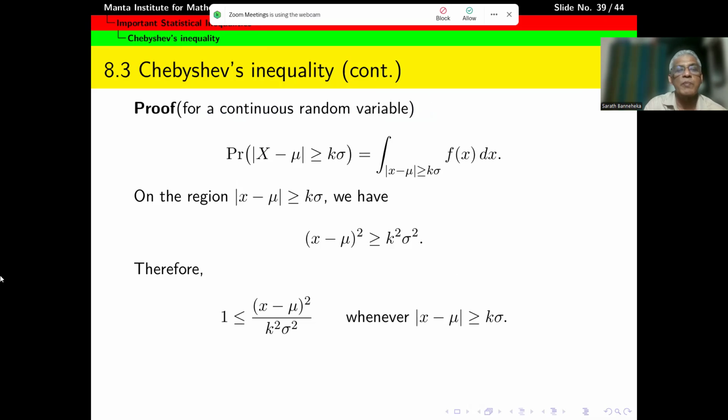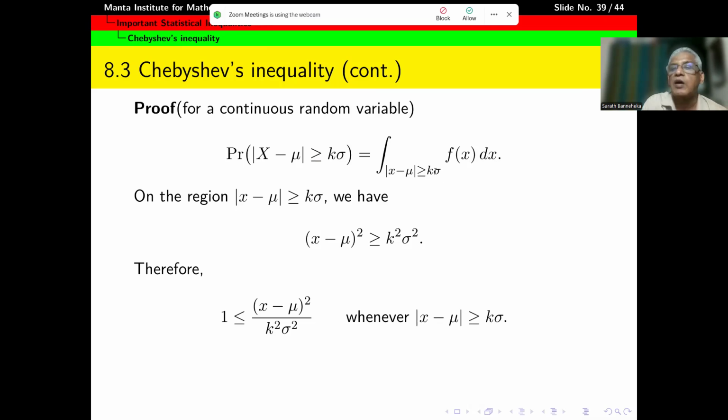So let's consider the probability that |x minus mu| is greater than or equal to k times sigma, where k is a positive constant, right? This probability can be obtained by integrating the density function of x in the region where |x minus mu| is greater than or equal to k times sigma.